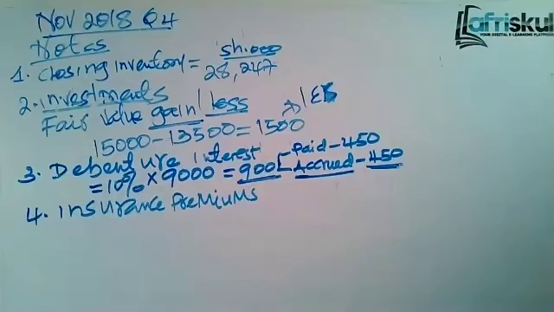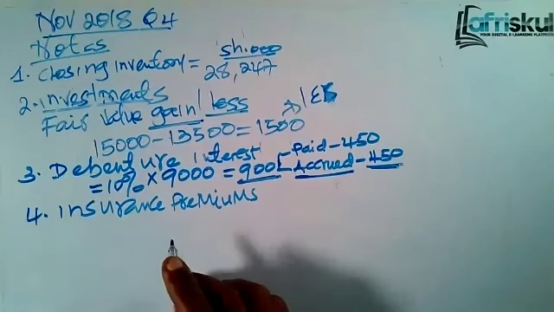Under the matching concept, the revenues and the expenses should be matched as incurred in the same accounting period. So in this case, this 240 was paid for the next period, so we'll just eliminate that amount because it was not incurred in this accounting period.